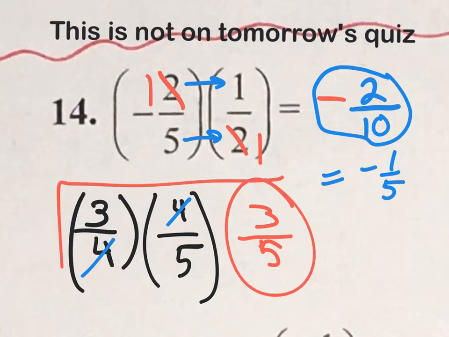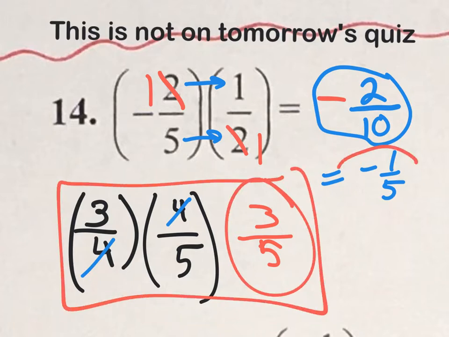For this particular example, not for number 14. For number 14, the answer was negative 1/5. So whenever you see the same number up on top and on the bottom, you could cancel it out. But you don't have to. You can multiply the top with the top and the bottom with the bottom, then reduce later. So for example, if I went back to the one where I got an answer of 3/5, I could have multiplied 3 times 4, which is 12. And I could have multiplied 4 times 5 and gotten 20.